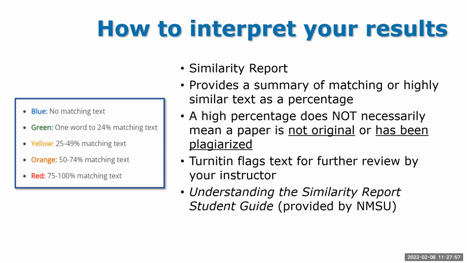tool for the professors and you to use to check to make sure that you're not moving from wholly original work into the area that becomes a little bit gray and starts to go towards plagiarism. It's a tool that you can use to improve your writing so that you'll learn to better cite your sources.